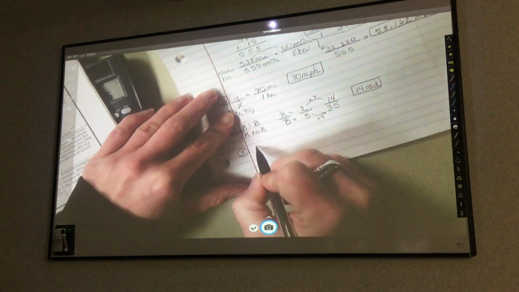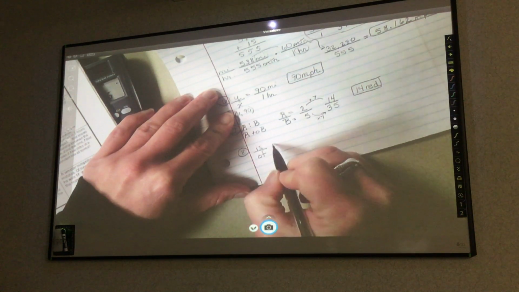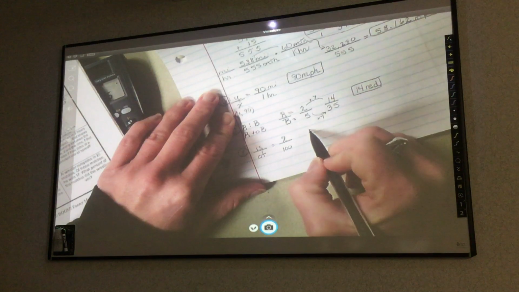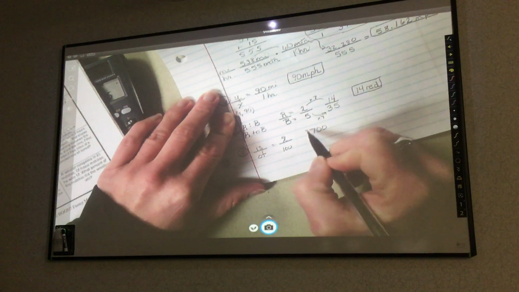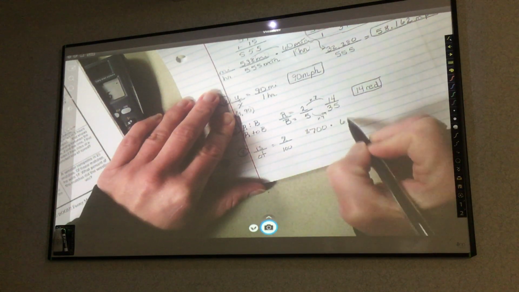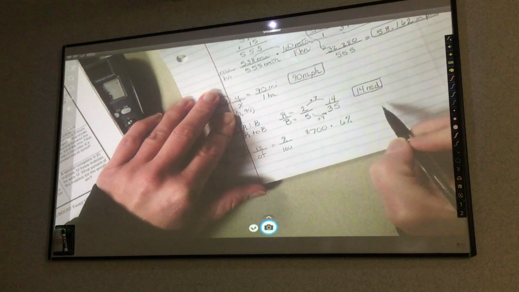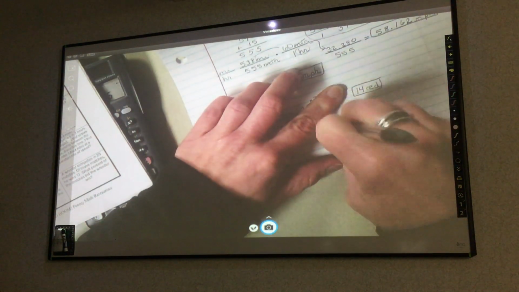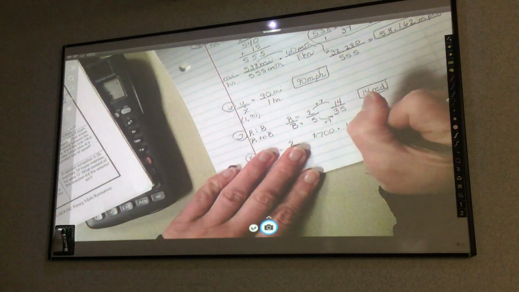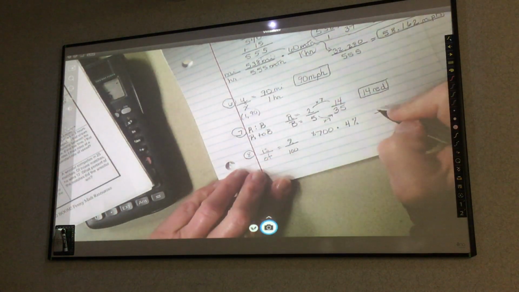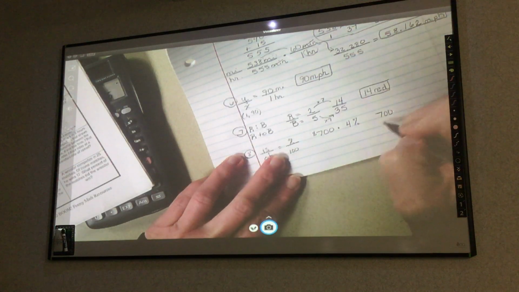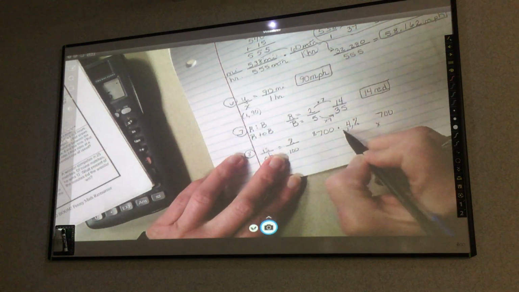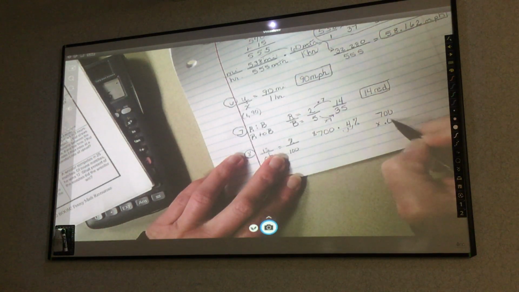You can do the is over of equals percent over 100, or I can just take $700 times my 4%. How do I make it 4%? I move the decimal 1, 2. So it'd be times 0.04.